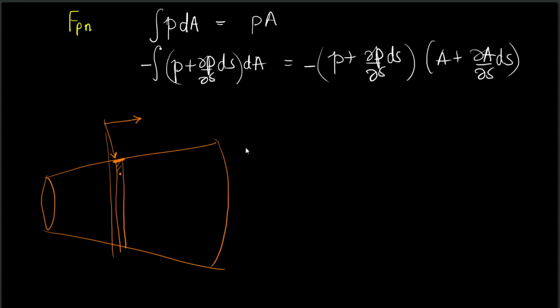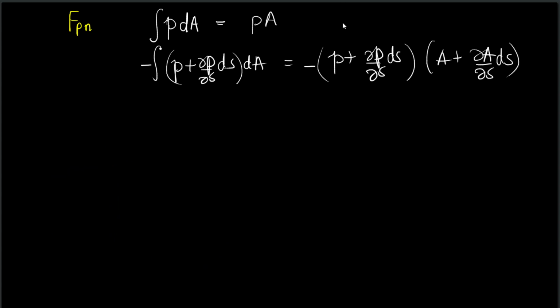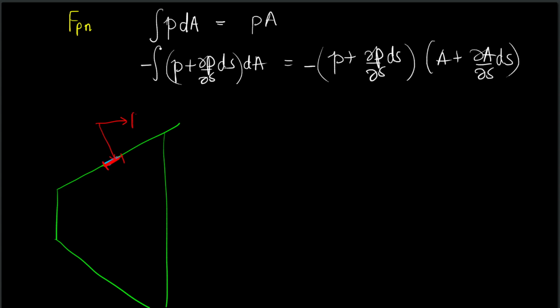Let me exaggerate the diagram a little bit more. Let me just draw the 2D. So the force acting on this particular face, which will have a component in this direction, will be the force acting on the projection of this area.